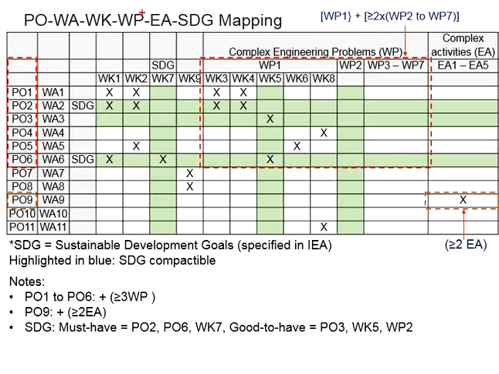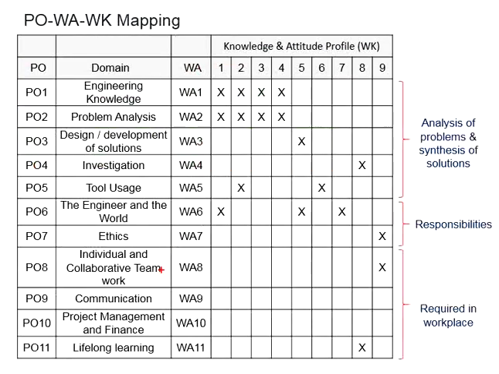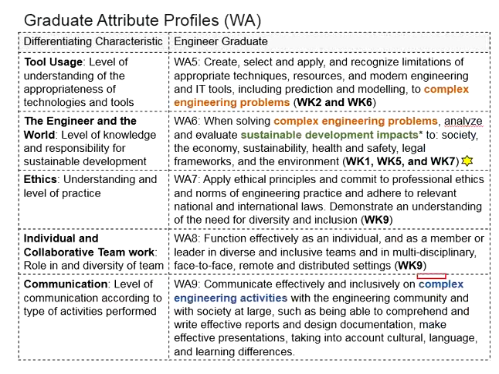Next is about the complex engineering activity. The complex engineering activities have 5 attributes, which is EA1 to EA5. It is related to WA9, which is the communications, as it is clearly specified to have complex engineering activities.